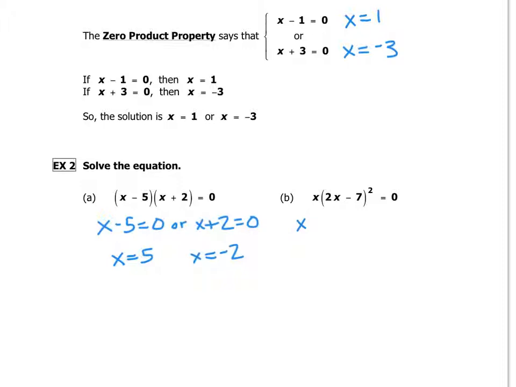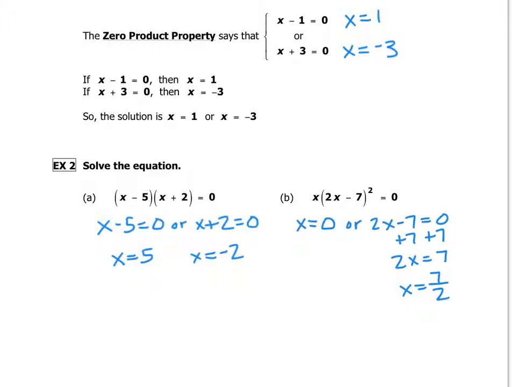Either x itself has to equal 0, or 2x minus 7 equals 0. I'm going to add 7 to both sides, and I have 2x equals 7. Divide both sides by 2, and I have x equals 7 over 2.